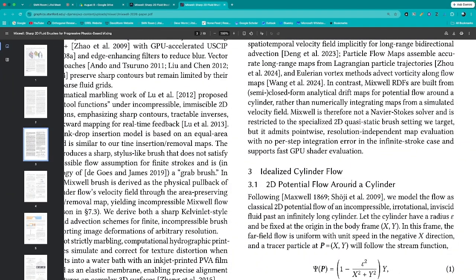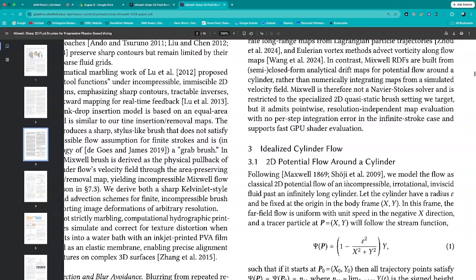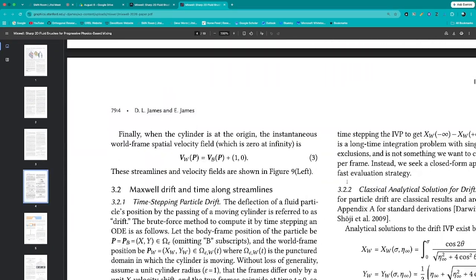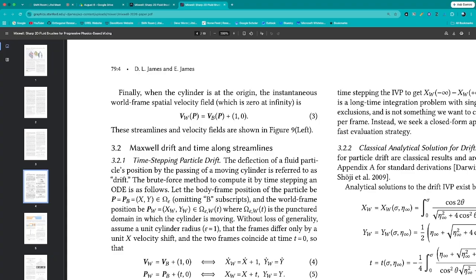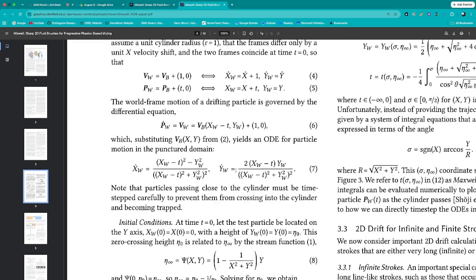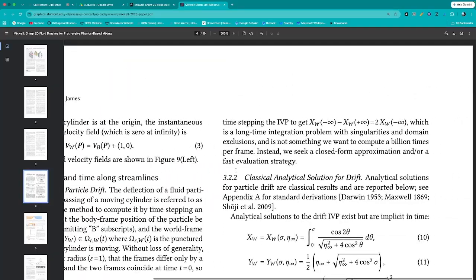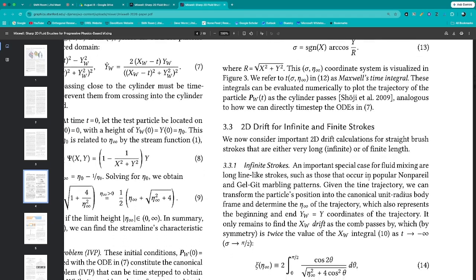So this talks about different aspects of idealized cylinder flow. It gives the mathematics for that. It talks about Maxwell drift and time along streamlines, and the equations for that. Classic analytical solution for drift. So we're doing a lot of things with drift.